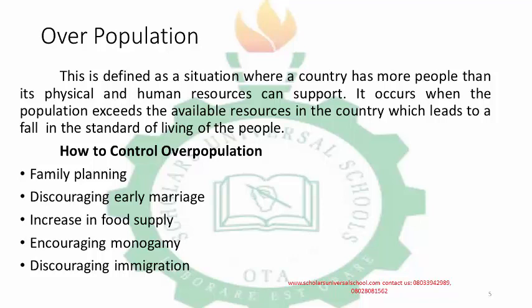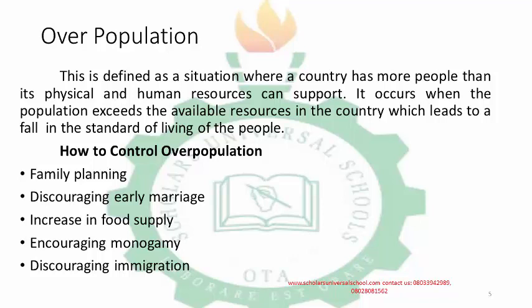Another way that can be used to reduce or control the overpopulation of a country is discouraging early marriage. We discussed in the last class that early marriage is one of the factors that can result in having a large population, because when young people are encouraged to marry early, they start giving birth early, and it ends up increasing the population size of that country.